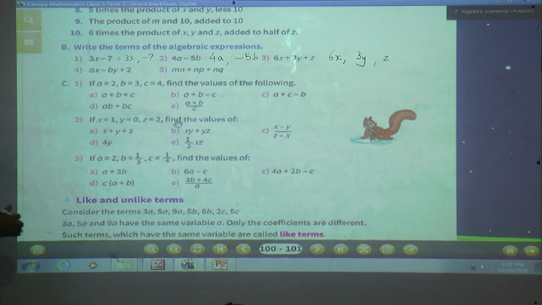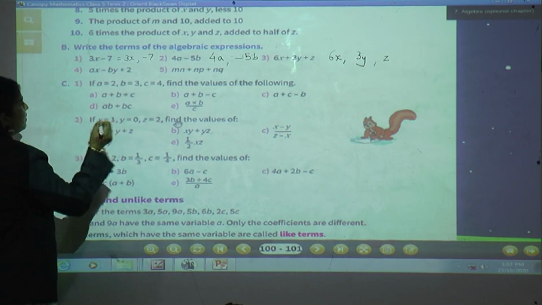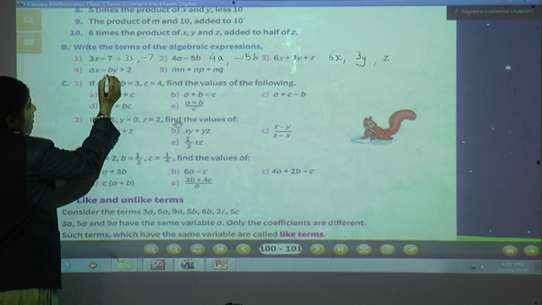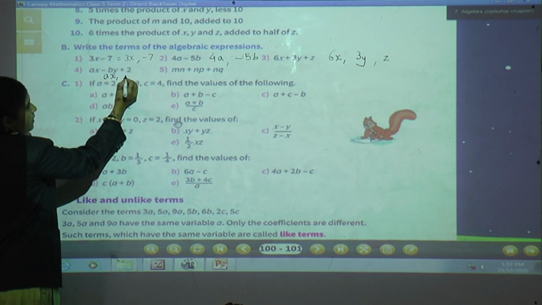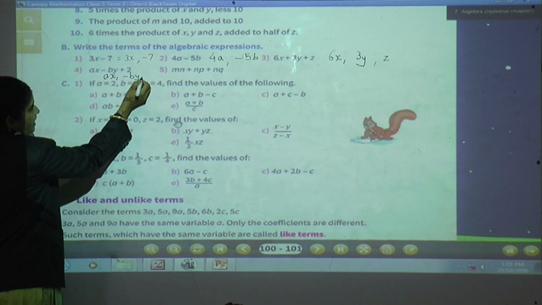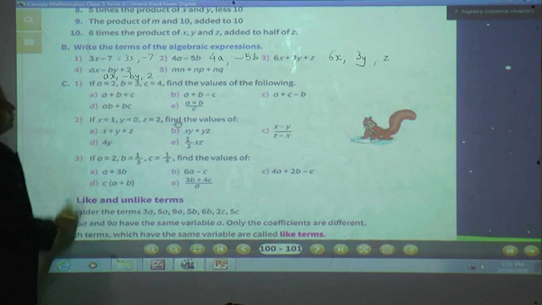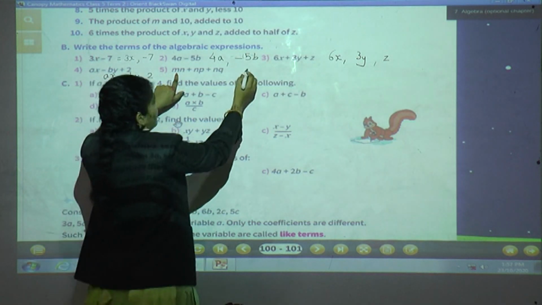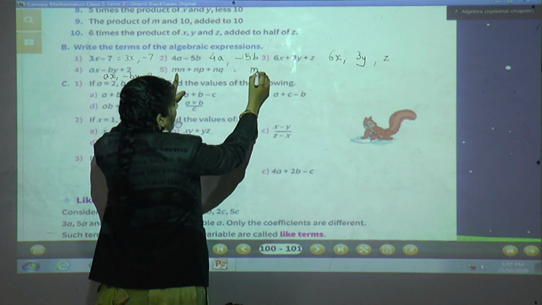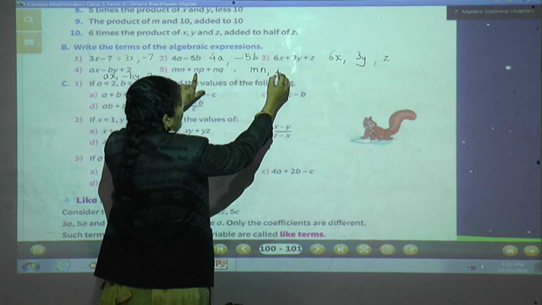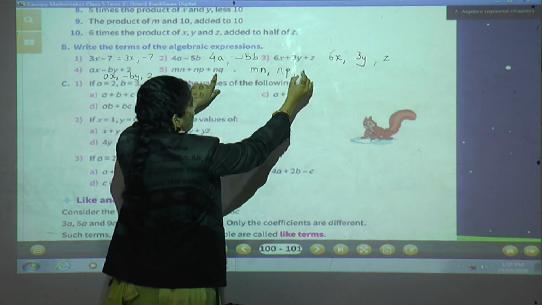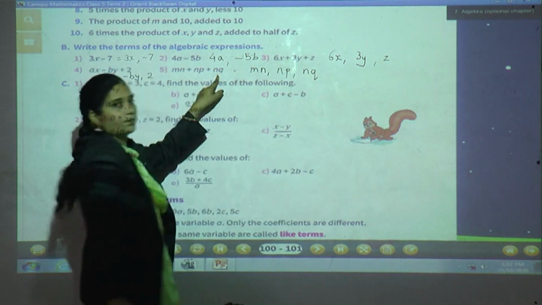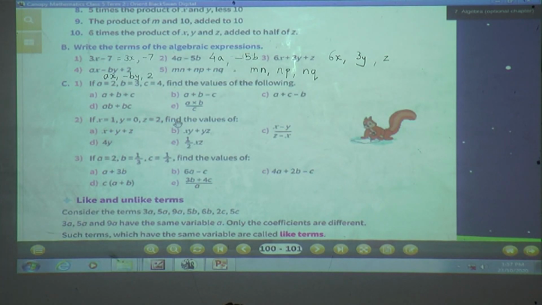Now the fourth one. Tell me the answer, students. Terms of this expression: ax, yeah, minus by and 2. Very good. Now in the fifth one, yes, tell me the answer. mn, np and nq. Okay, so all of you understood how to solve this question?